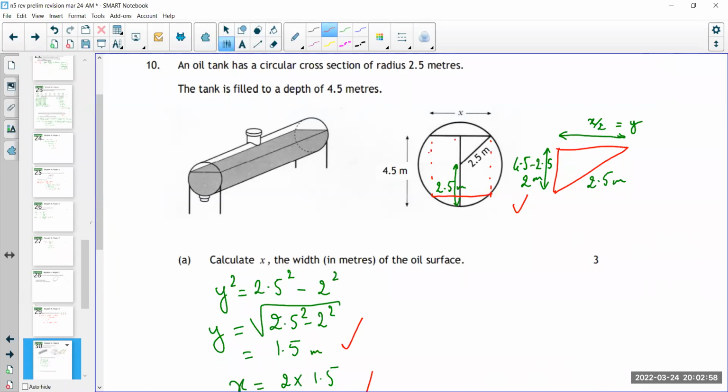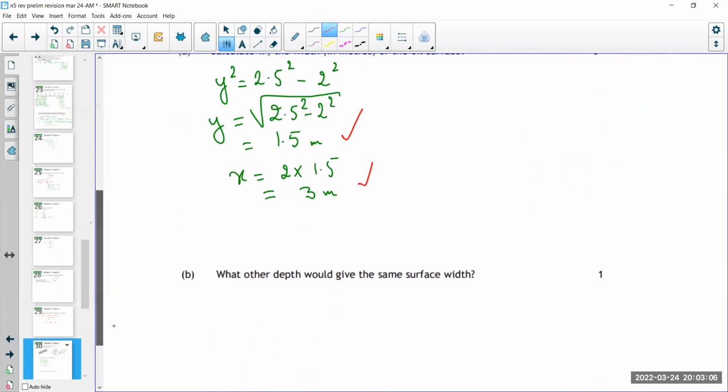So if this is 2, then 2.5 minus 2, by symmetry, at 2.5 minus 2, which is 0.5 meter, we would get the same width.